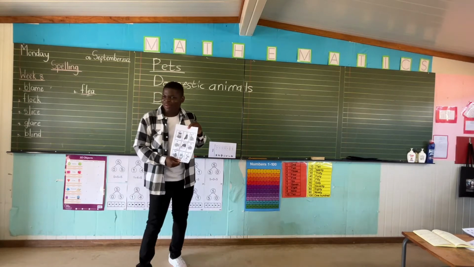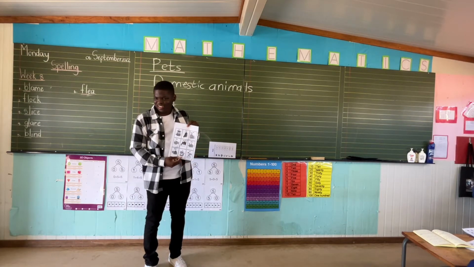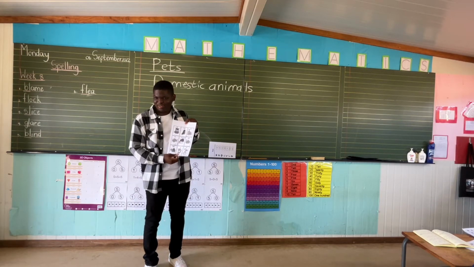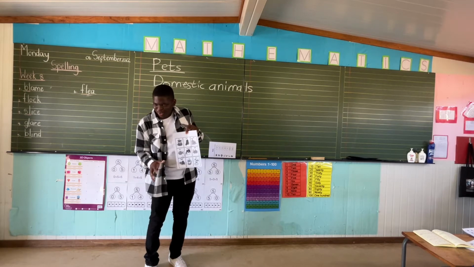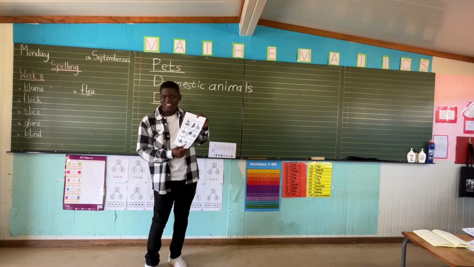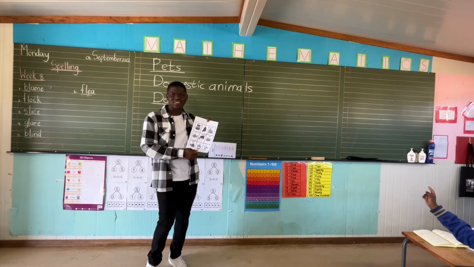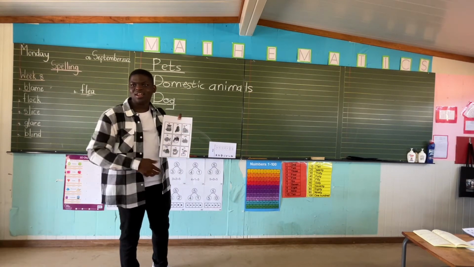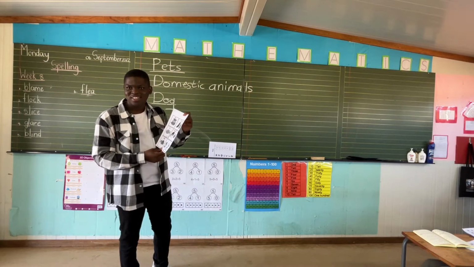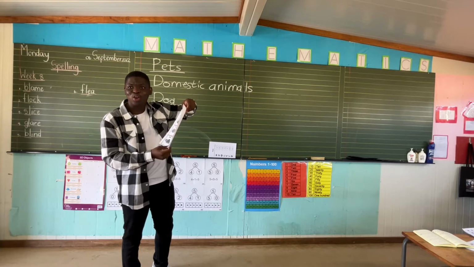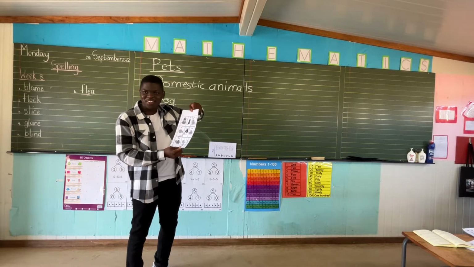What do you like about cats? You like that they're small and cute? Yes. You love puppies? Puppies are small dogs. They're also cute and fluffy.